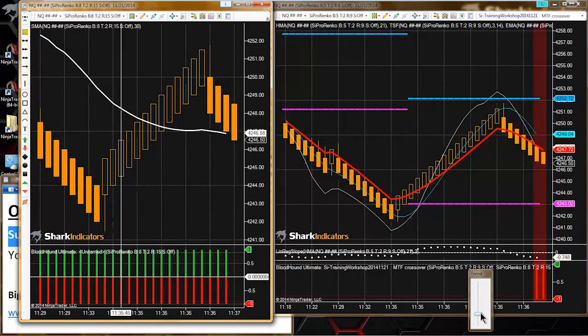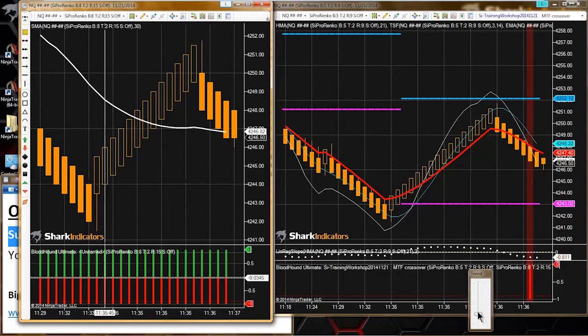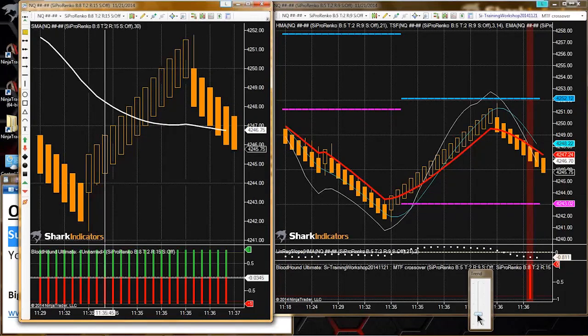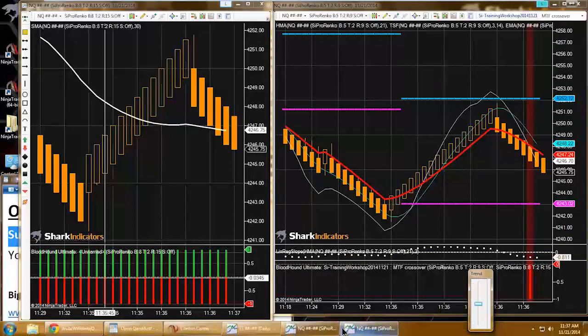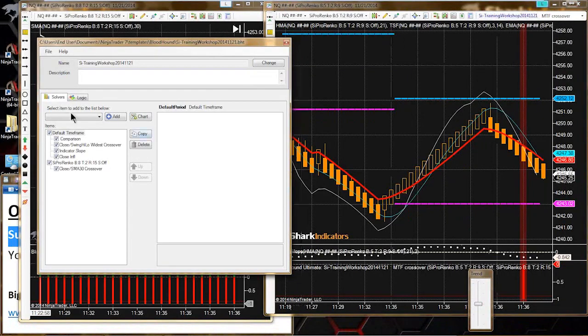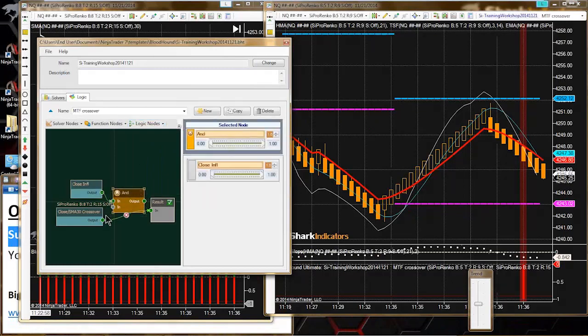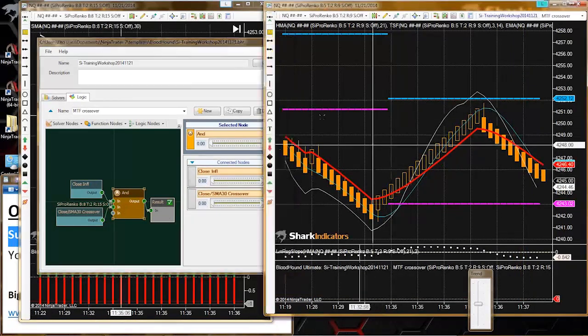All right, so I'm just going to wait for price to come down a little bit, and look, oh, there we go. So you can see we got that crossover happening on the lower time frame. And let's see, one thing I need to do here in BloodHound is, since we need both of these conditions to happen at the same time, let's connect those together into an AND node.